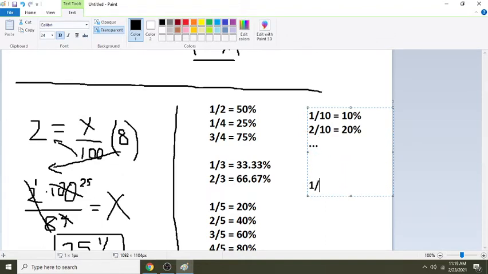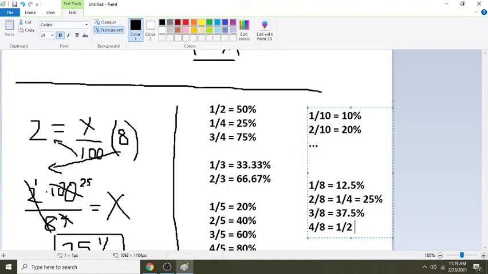The eighths. 1/8 is like 12.5%. 2/8 is the same as 1/4, which is 25%. You have 3/8, which is 37.5%. You have 4/8, which is the same as 1/2, which is 50%.